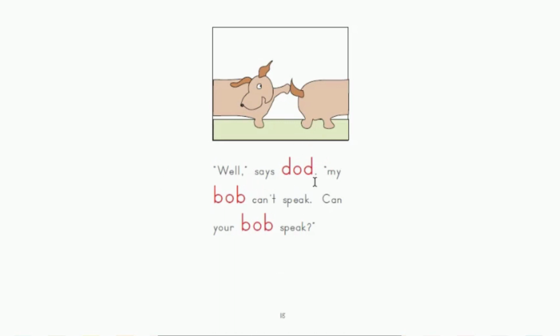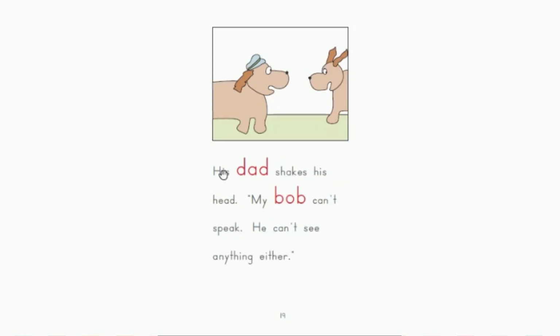"Well," says Dad, "my Bob can't speak. Can your Bob speak?" So Dod asks his father, can your Bob speak? His dad shakes his head.